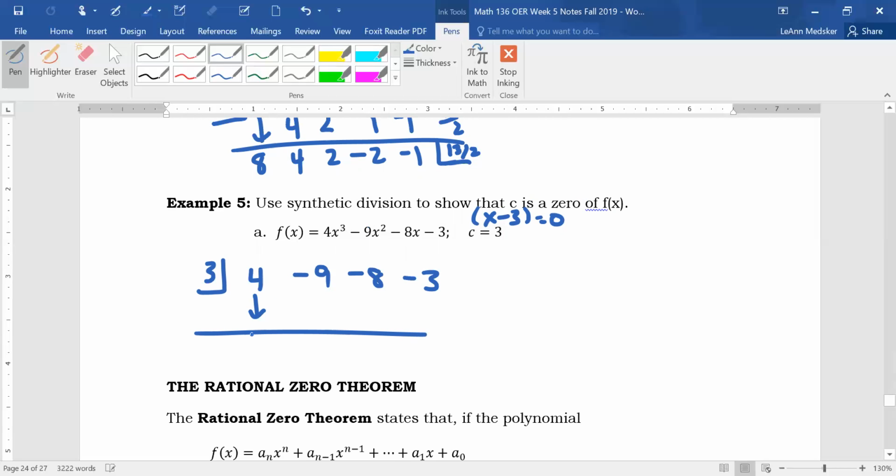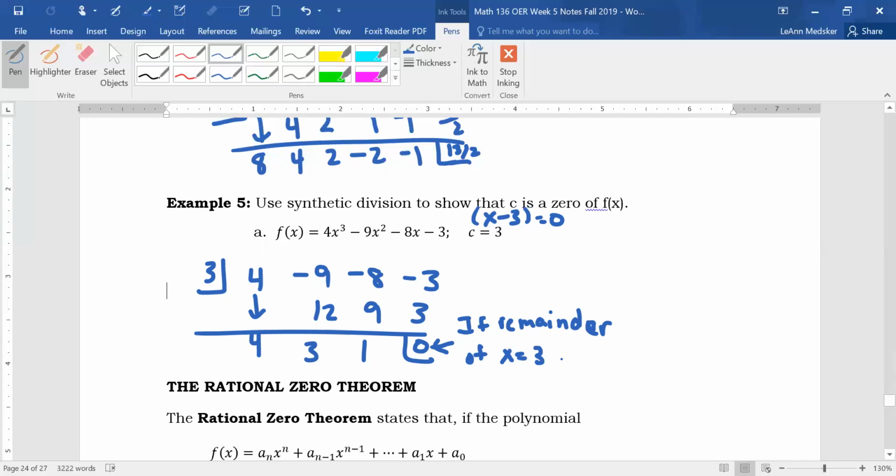Pull down the first coefficient, multiply, add the column, multiply, add the column, multiply, and we get a remainder of 0. If the remainder of dividing by x equals 3 is 0, then x minus 3 is a factor of f of x.